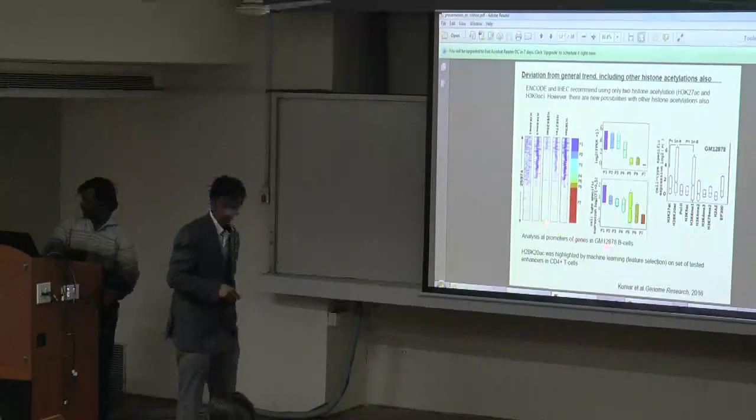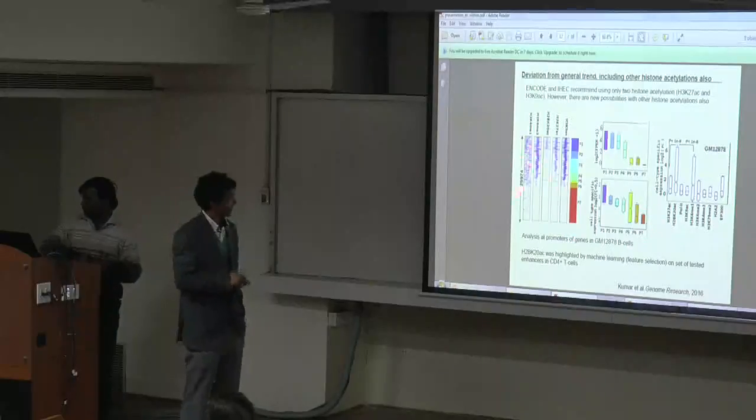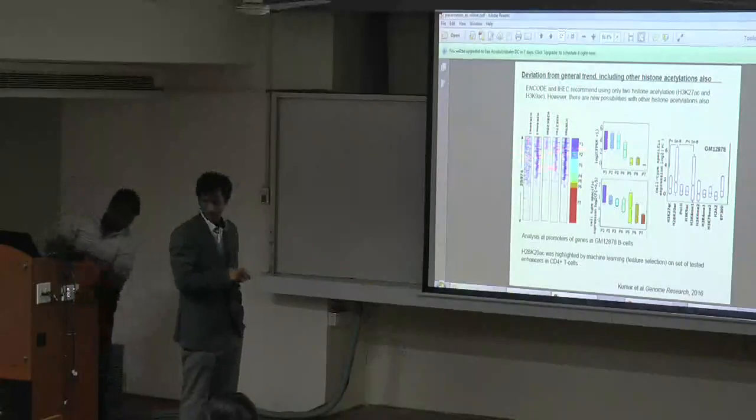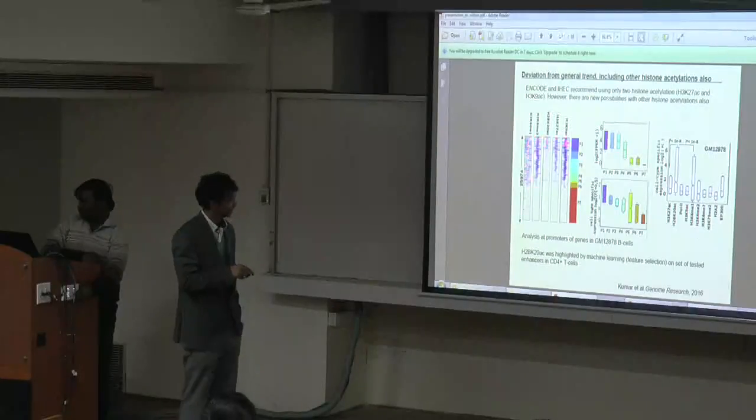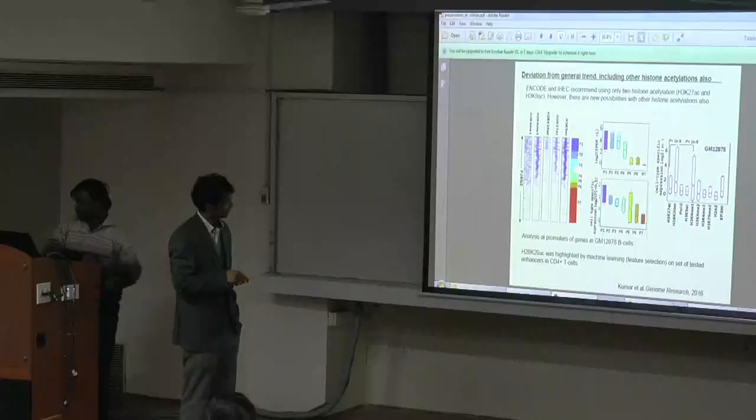So we took B cell ENCODE data and generated our own data. Every line is a promoter sitting upstream of a gene in B cell. We took the signal and clustered them, and we have different classes: P1, P2, P3, P4, P5, P6, P7.